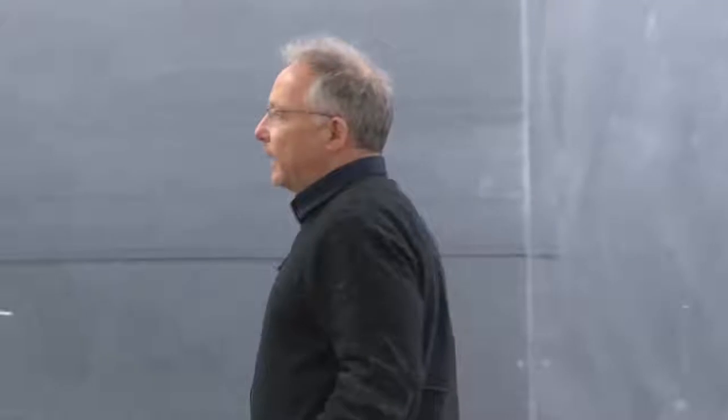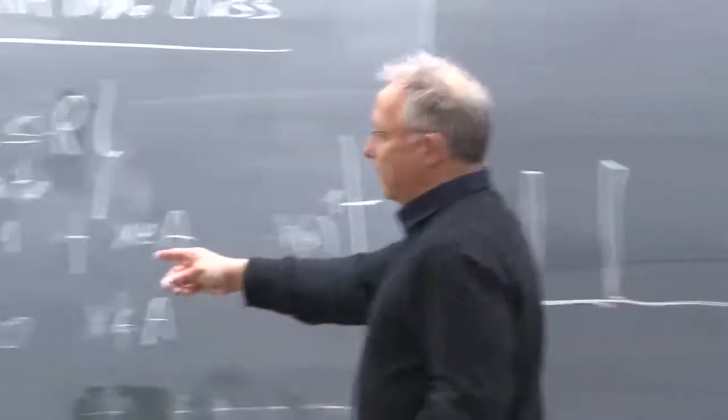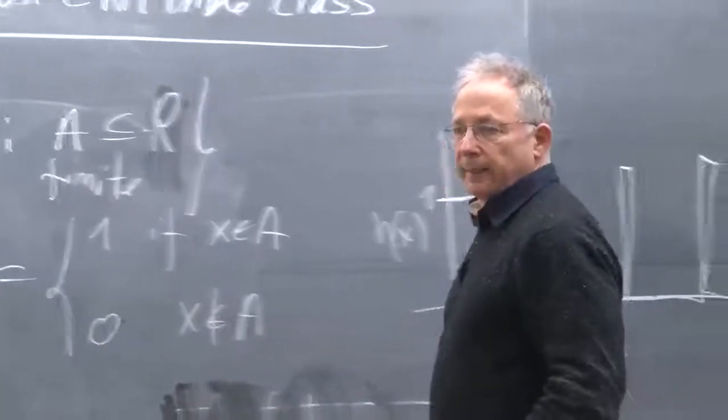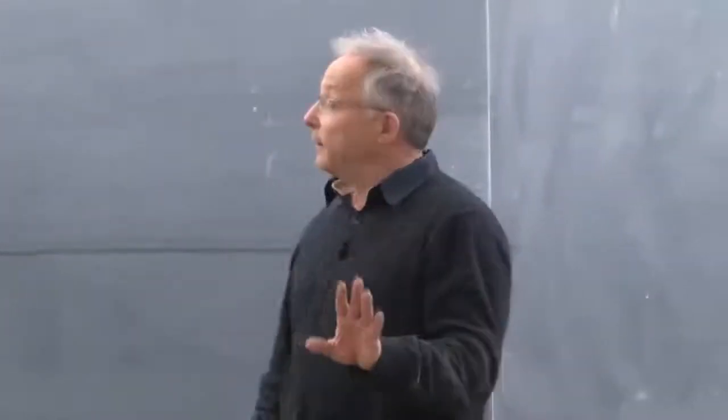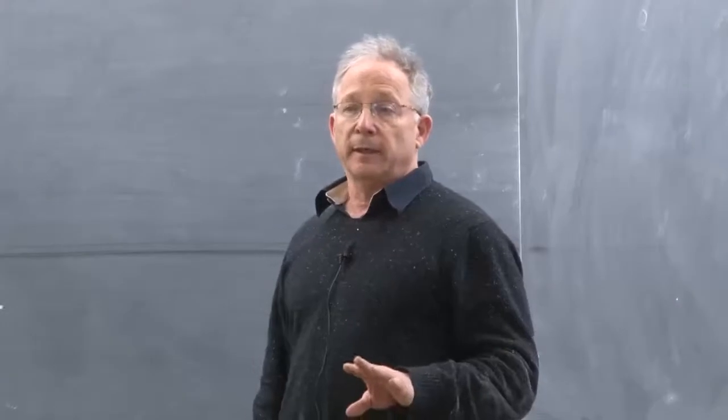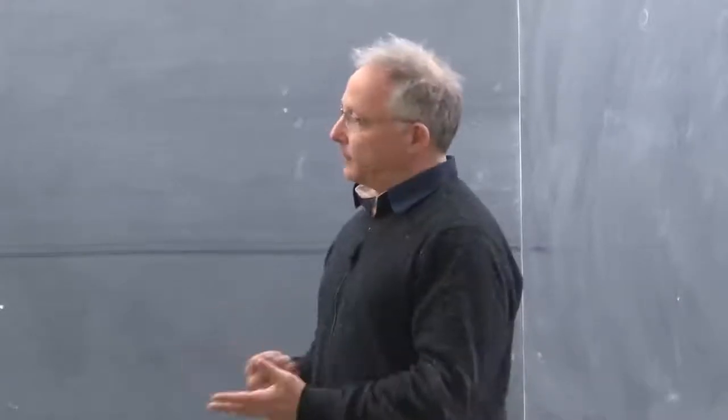And if I look at this class, I claim that it is not learnable by ERM. It's a weaker statement than saying it's not learnable. But it's good for demonstration purposes because it's easy to show it.